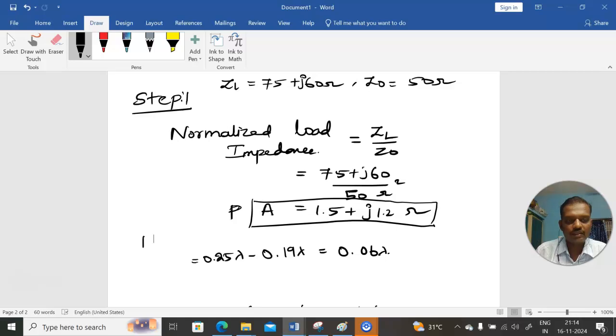This is the distance at which the quarter wave transformer, QWT, is placed.